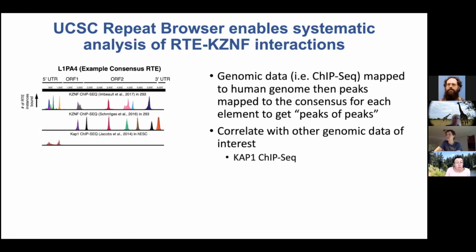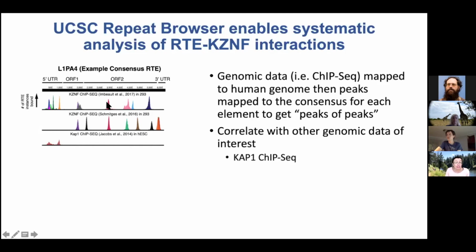And then we can take one data type here. These are individual zinc finger ChIP-seq experiments. And now in this third row, we're looking at where CAP1 ChIP maps on this L1PA4 consensus.